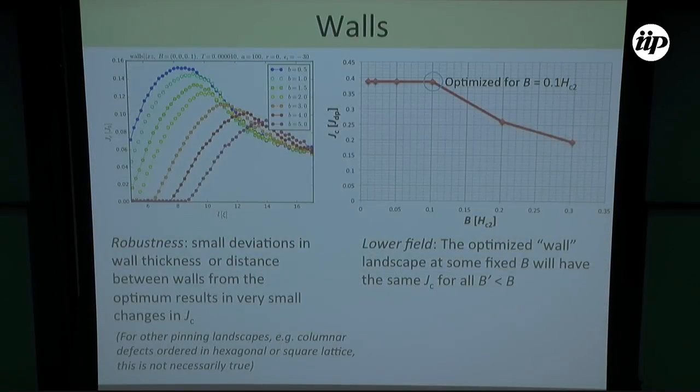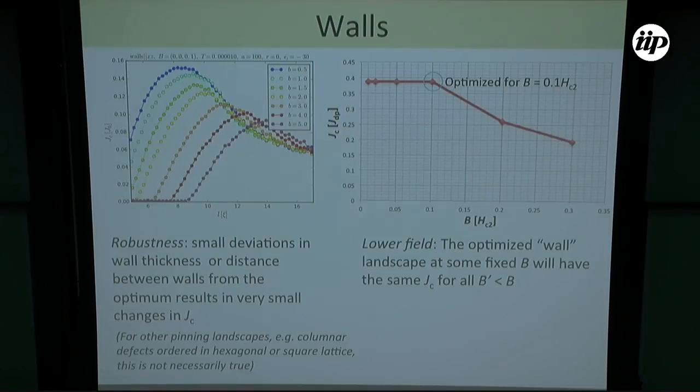A few words about this pattern. First of all, it is very reliable to modifications. For example, this is a sampling over the distance between these walls, and we see a flat critical current as a function of the distance.